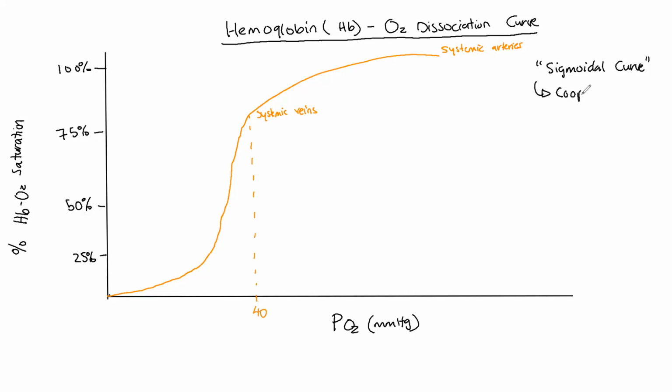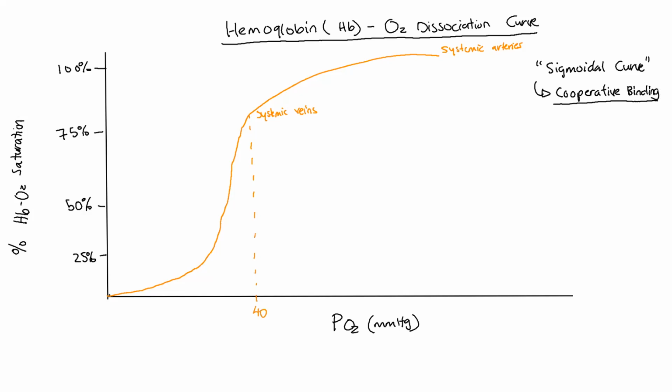This is called cooperative binding. And so cooperative binding means that when that first oxygen comes on, the others bind with much more ease. And this explains why hemoglobin is never fully empty. It's never fully unsaturated, because it's just easier to bind those other oxygens on when we already have oxygen bound onto hemoglobin. Okay, I hope that makes sense there.